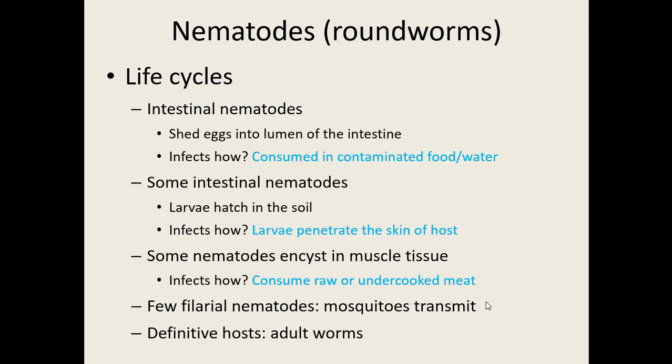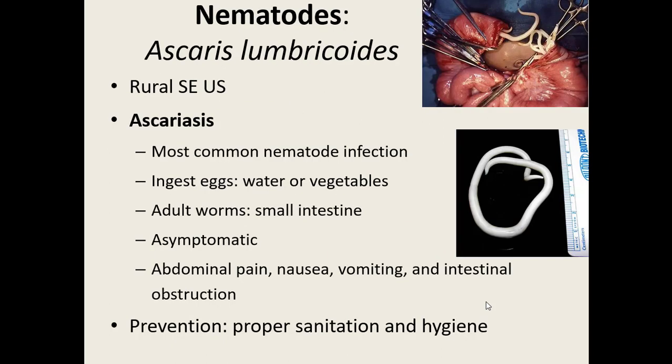The first one we're going to talk about, which is the picture that guy was holding in his hands, is Ascaris lumbricoides. Now, we find Ascaris lumbricoides in warmer climates. In the United States, you generally only find it in rural southeastern United States. And if you have an infection with this particular worm, you have Ascariasis. It's the most common nematode infection worldwide.